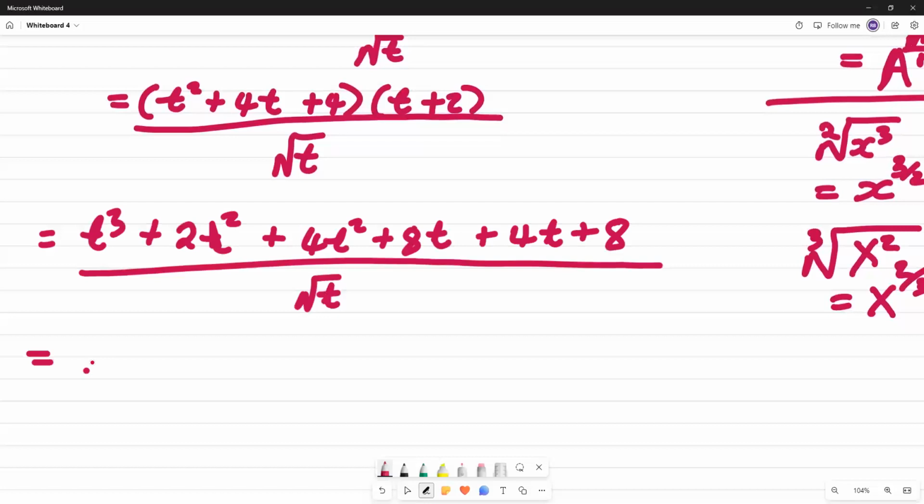Then now let's add like terms. We have t cubed plus 6t squared, and then we have plus 12t because of this and that, and then we have plus 8.